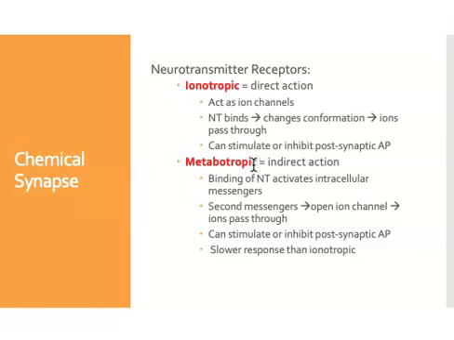So when the neurotransmitter binds to it, it changes shape and it triggers another messenger molecule. That second messenger, as we call it, is going to travel to a nearby ion channel and open it up. So there's just one more step.